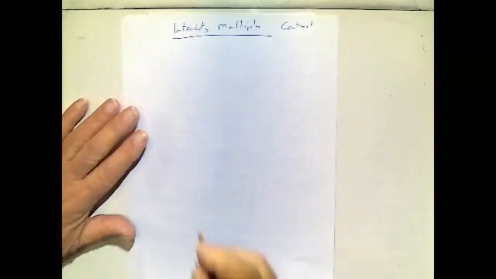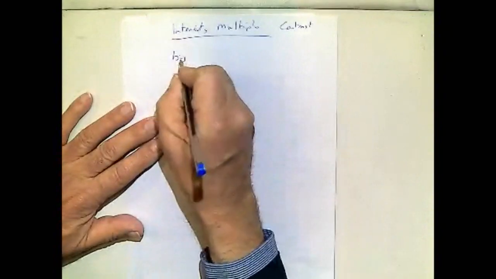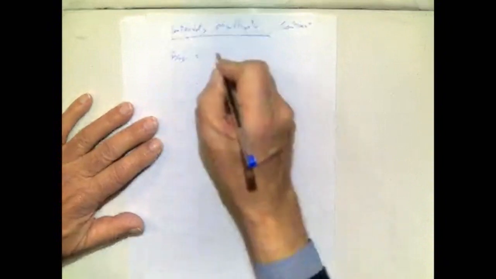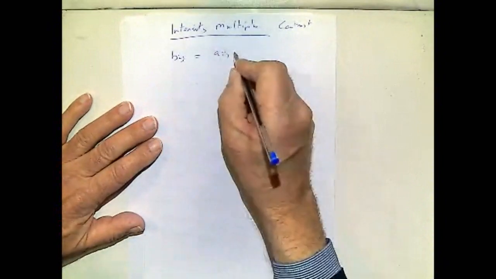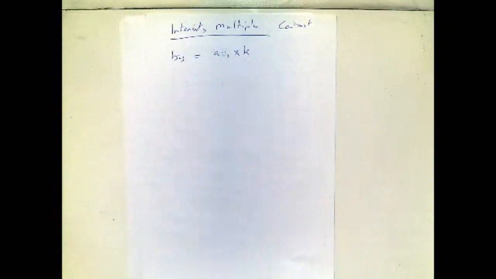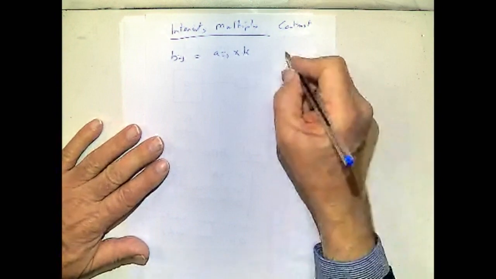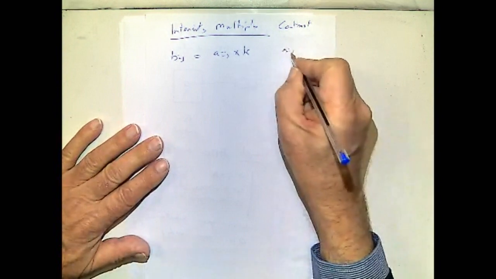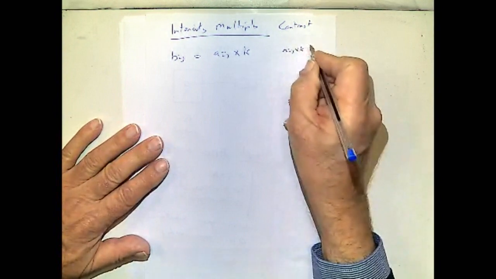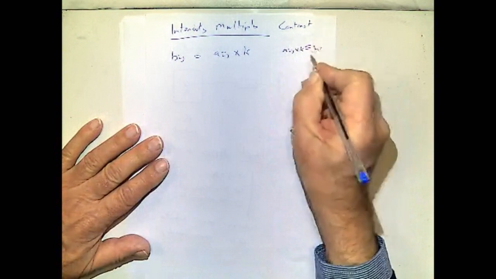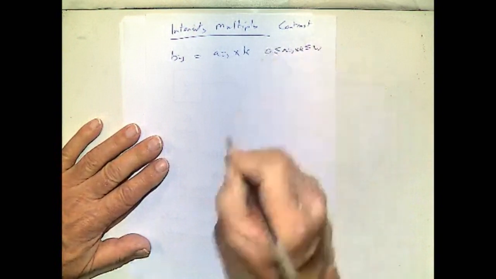Right. Intensity multiply. Similar idea. Single pixel operation. The output pixel Bij is equal to Aij times K, a multiplication constant, which is variable depending on the amount of change you want to do. And that will be true for Aij times K less than or equal to W, greater than or equal to 0.